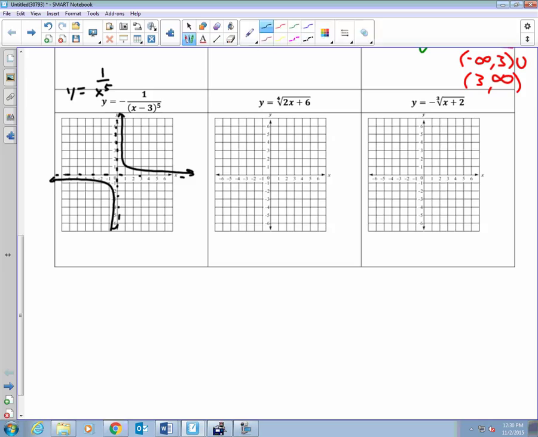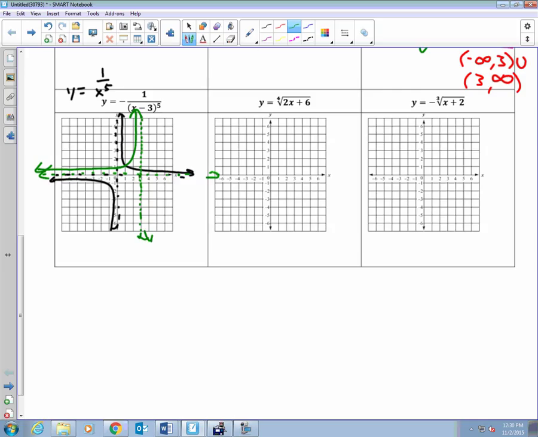So what kind of shifts happen here? Which direction? Right 3. Is there a vertical shift? No. What else happens other than right 3? Yeah, it switches because of the negative, so it's a vertical flip. So instead of being in the bottom one, it's going to be in the top one.